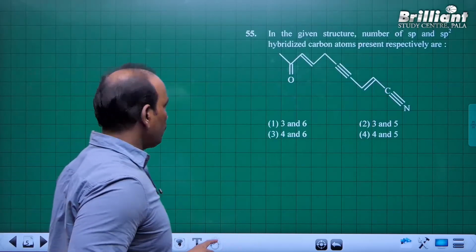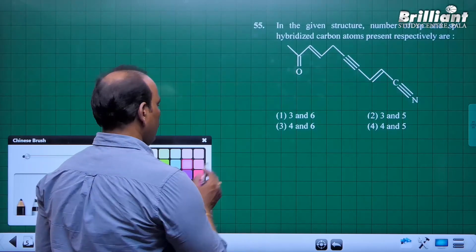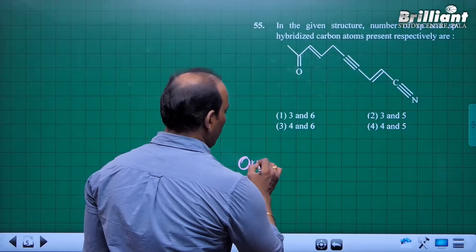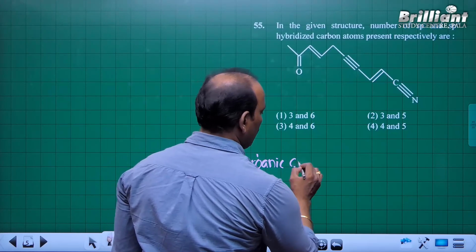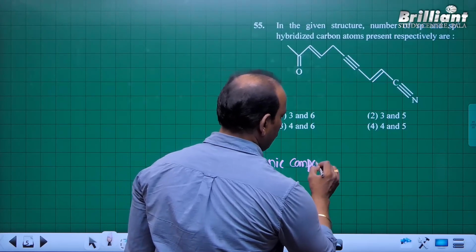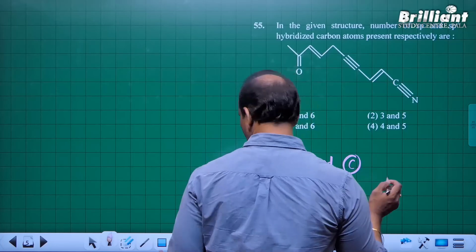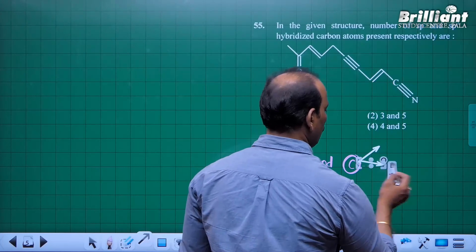Now, a very simple question. We know that for organic compounds, carbon is involved in 3 types of hybridization: 1, 2 and 3.